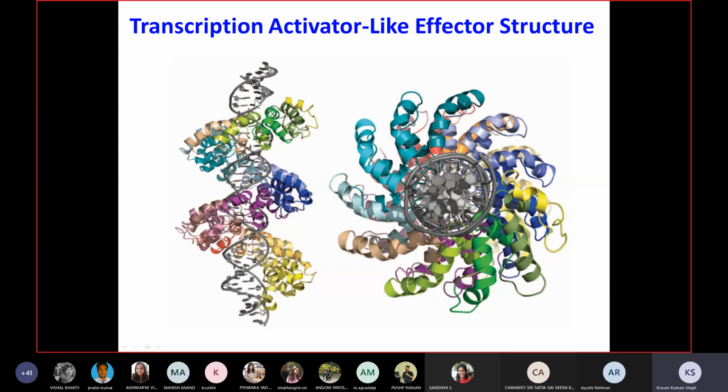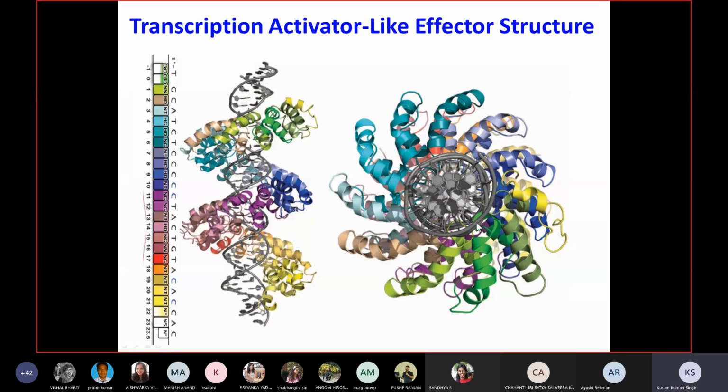So what you see here is a remarkable staircase-like format. You see the front view and the top view: there is a helical region, then a loop inserted inside, and then another helical region. So the structure of TAL was deduced as a helix-loop-helix structure.